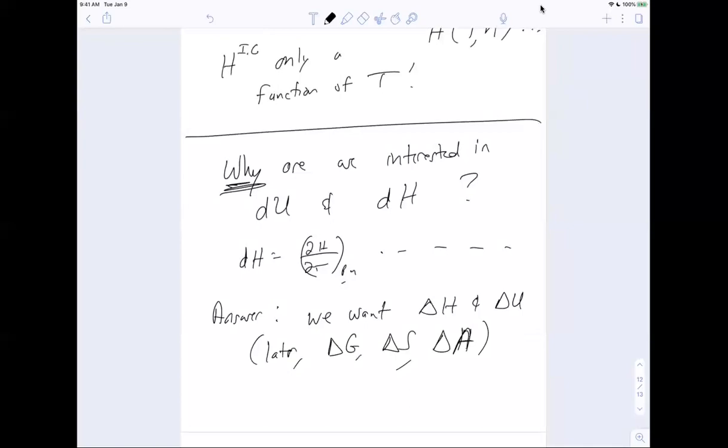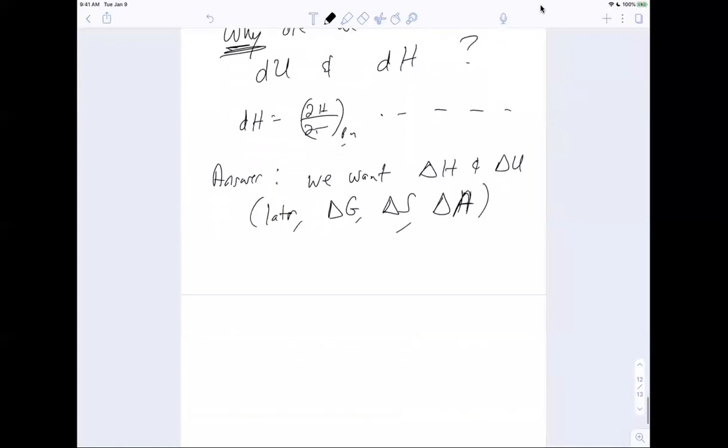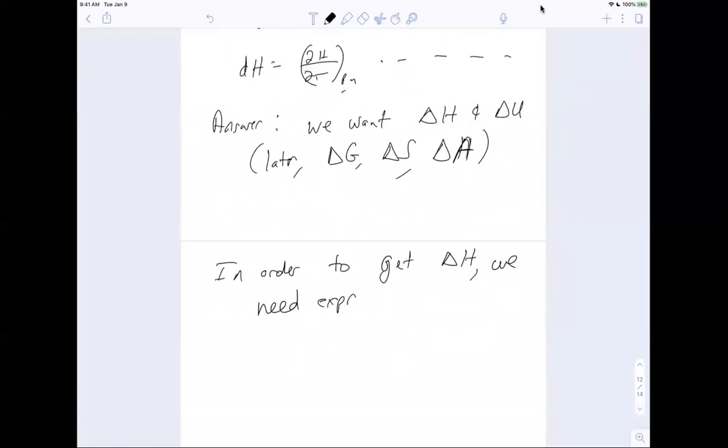In order to get delta H, I'll just use delta H as an example, we need expressions for dH. Why? Well, delta H is just the integral of dH from state 1 to state 2.